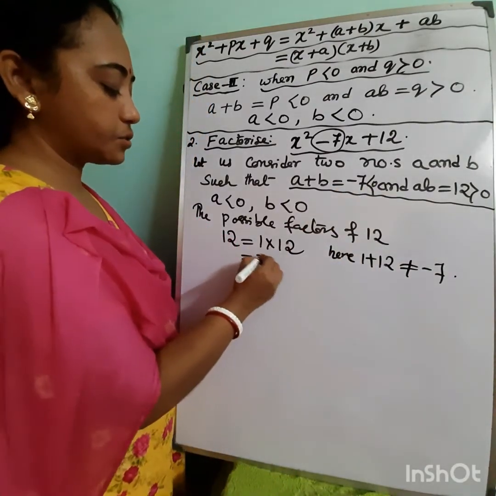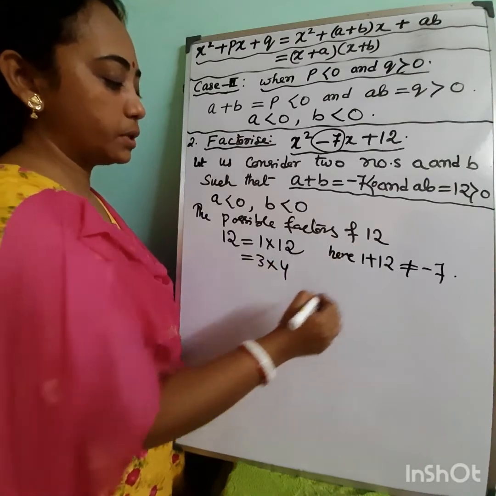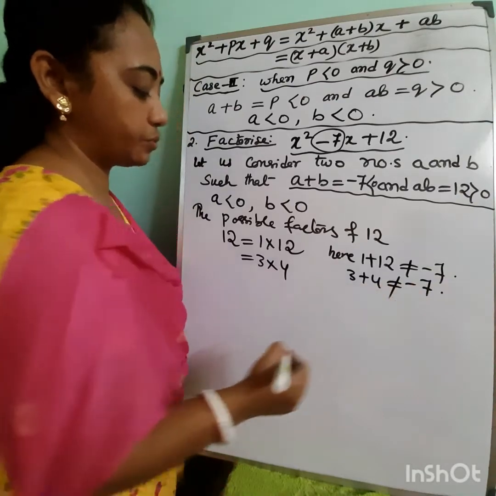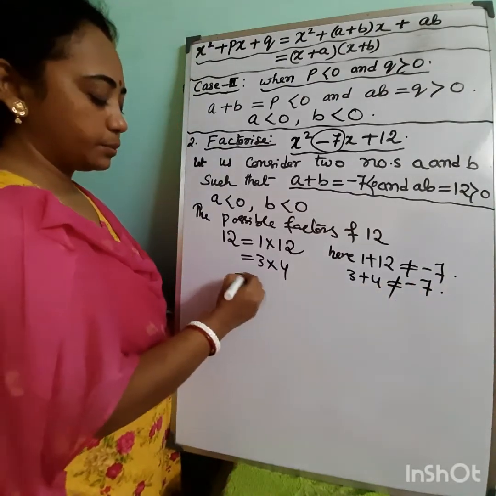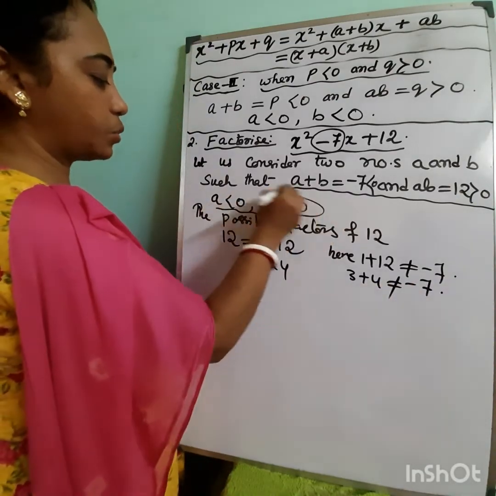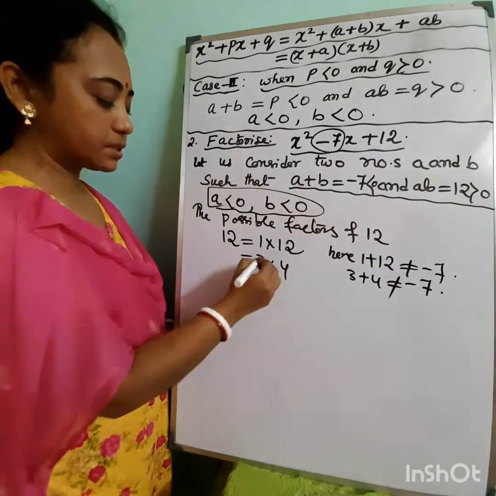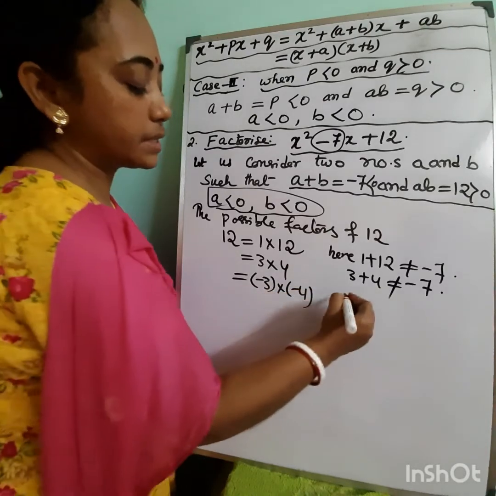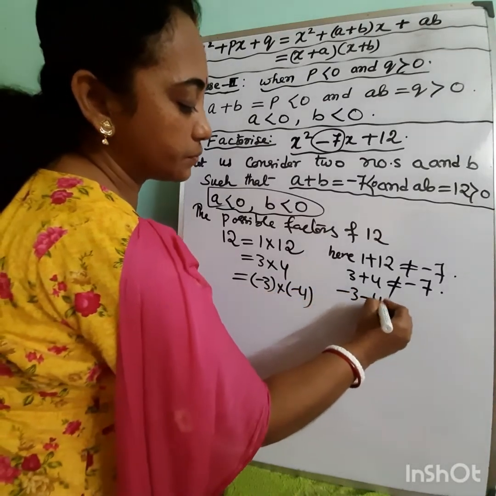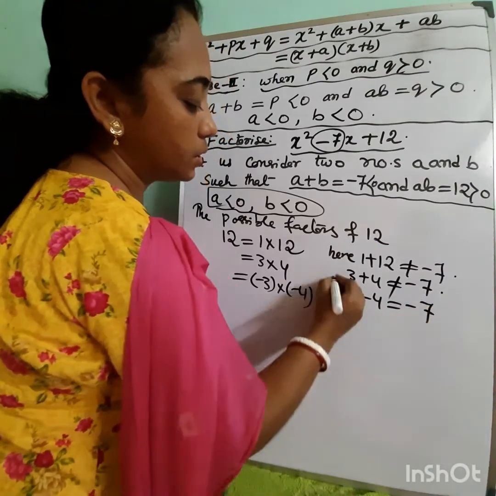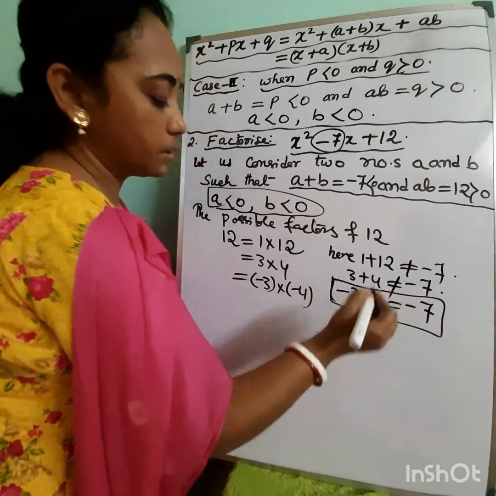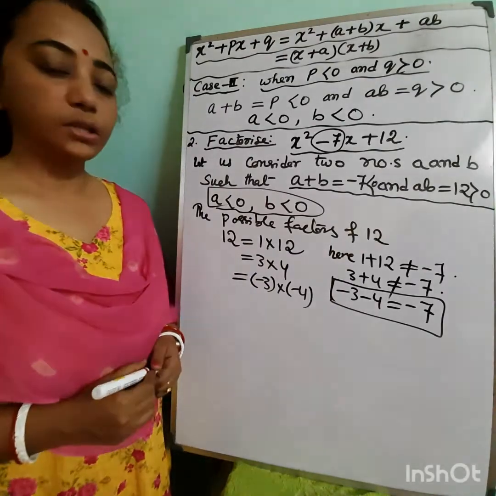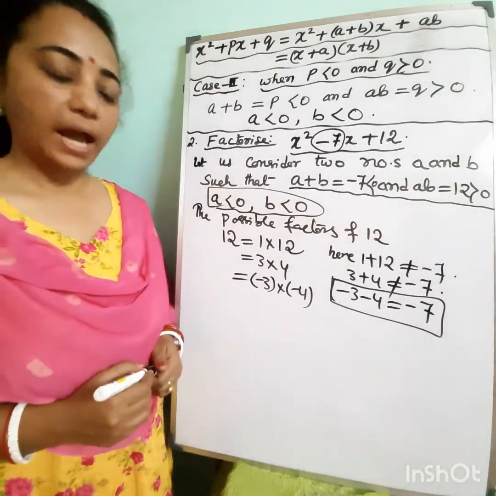Again 3 multiplied by 4 is equal to 12, but 3 plus 4 is not equal to minus 7, so here also we will not take these two numbers. But as we have considered that both a and b are negative, let us take these two numbers as negative, minus 3 multiplied by minus 4. So in this case, if we write minus 3 minus 4, that is coming minus 7, which is satisfying the condition according to the given question. So here we take the two numbers as minus 3 and minus 4.